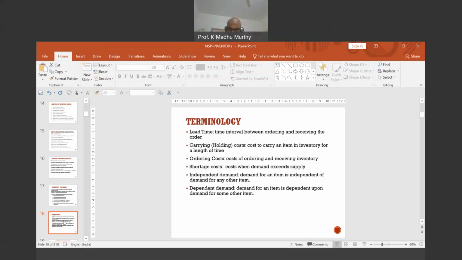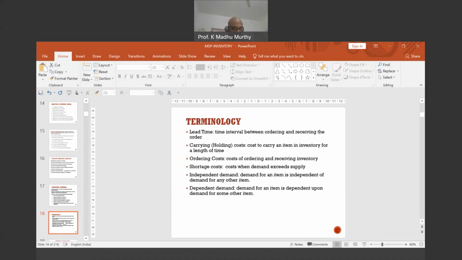Now I place an order, and how long it will take for me to receive those materials that I have ordered is called the lead time. As the lead time increases, the inventories that we may have to hold also increase. So it has an implication on the quantum of inventories that we hold with ourselves.